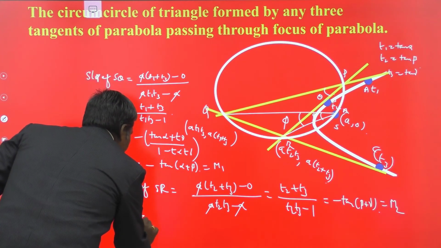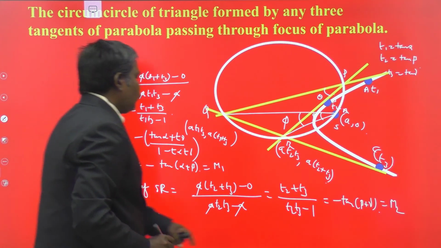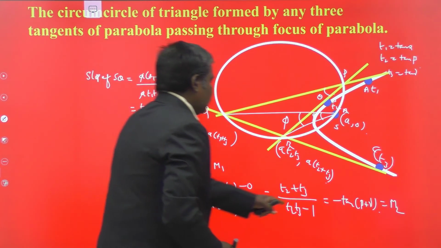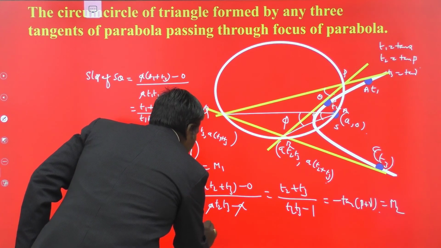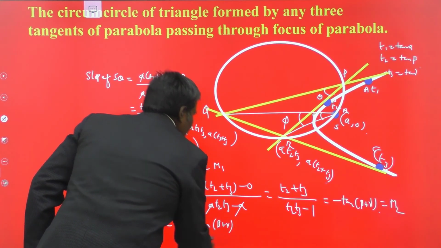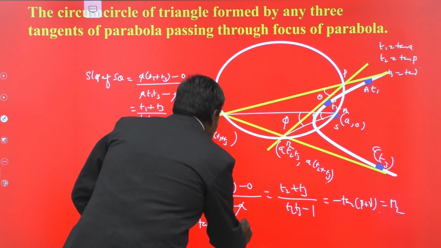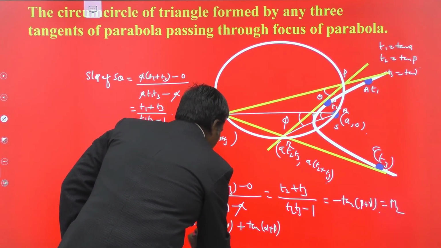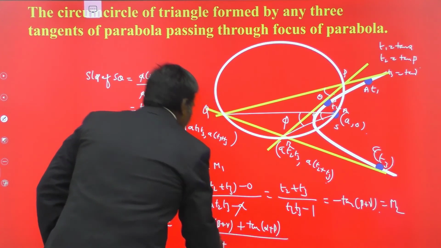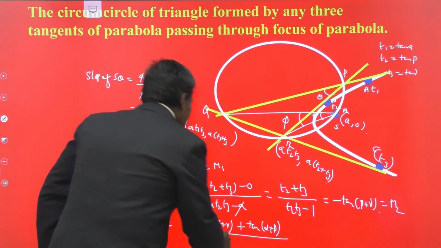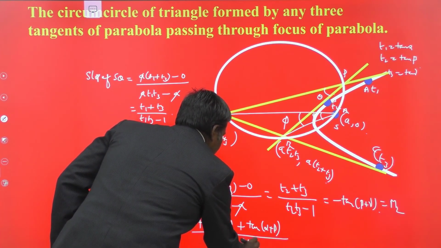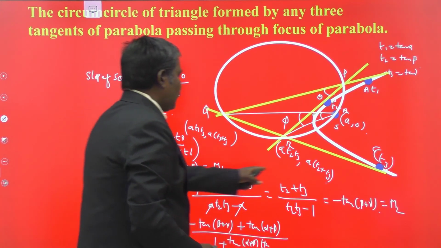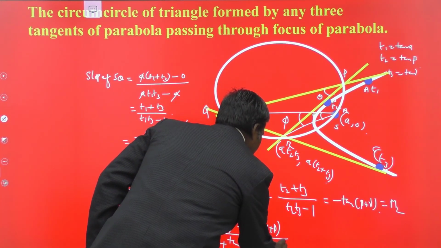What is my tan phi? It is m2 minus m1 by 1 plus m1 m2. So minus tan of beta plus gamma minus into minus plus tan of alpha plus beta, m1 minus m2 by 1 plus m1 m2, minus into minus again plus tan of alpha plus beta into tan of beta plus gamma is there.